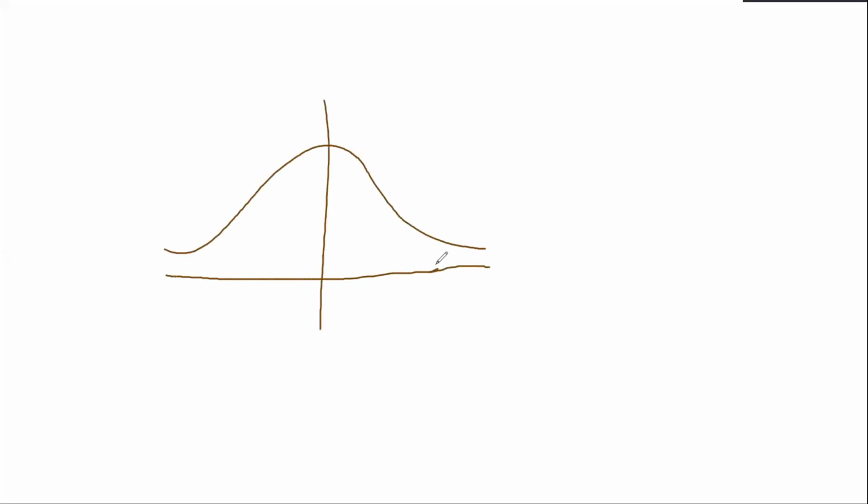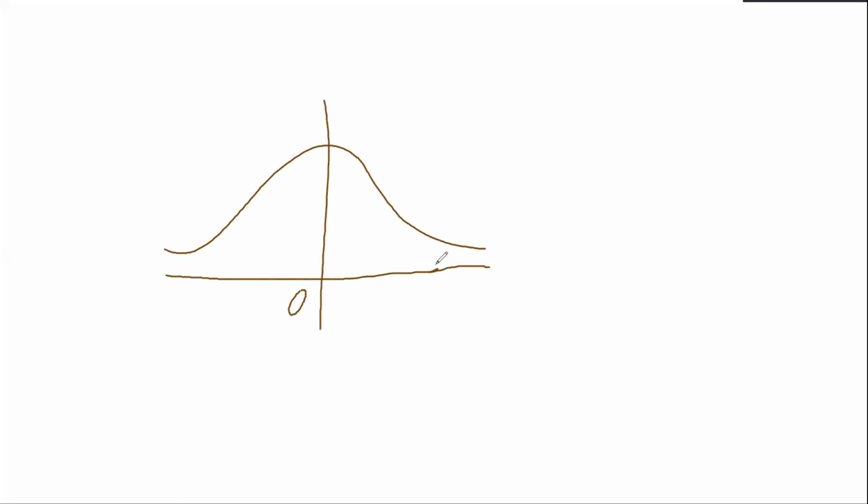Let me draw a bell curve. This is a standard normal distribution, a Gaussian distribution. Here is 0.